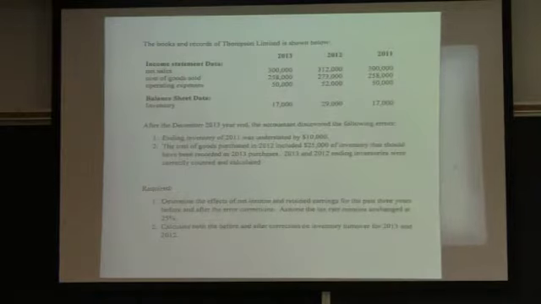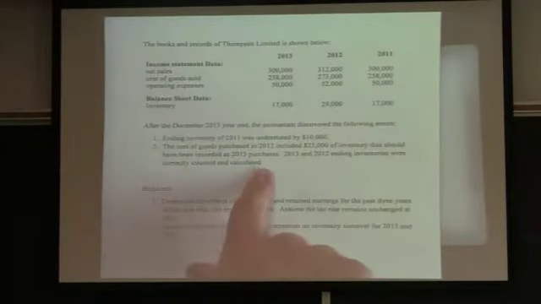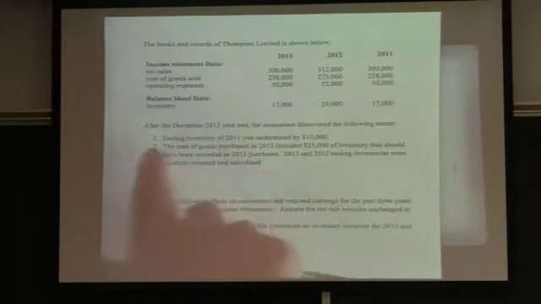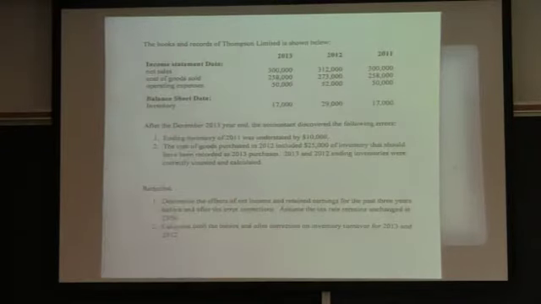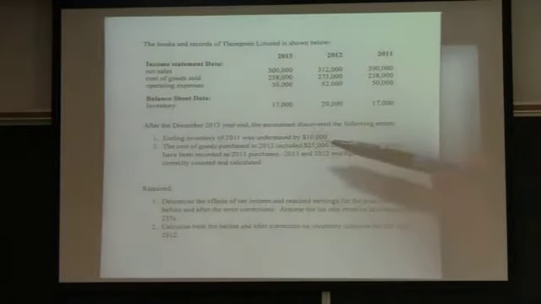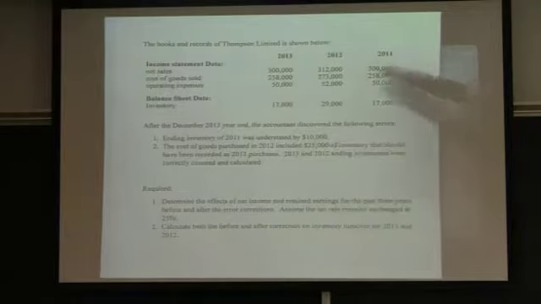And these are the following 2 errors. The first error, and they discovered this in December 2013, is that the ending inventory in 2011 was understated by 10,000.